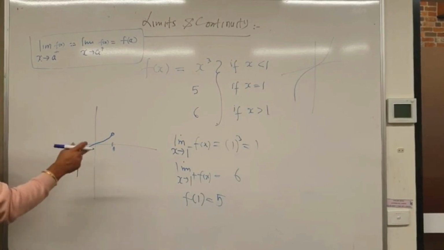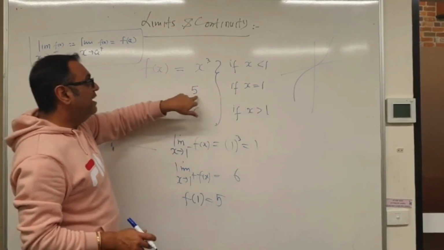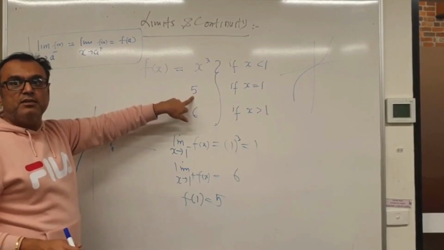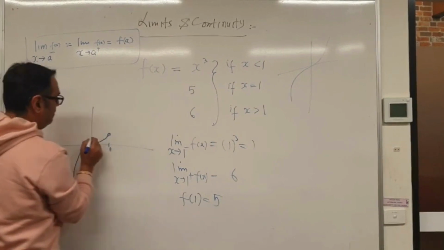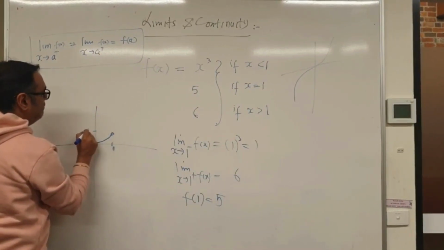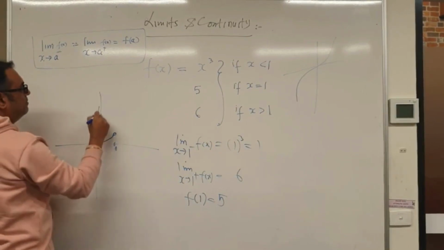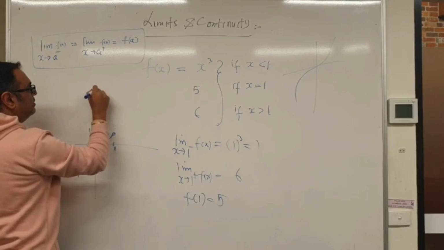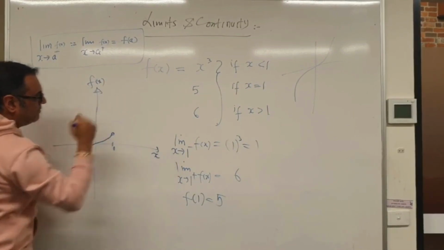Okay. At x equals 1, the value of the function is 5. And this would be 1, right? You just found that. This would be 1 here. This is f of x, and that's x.